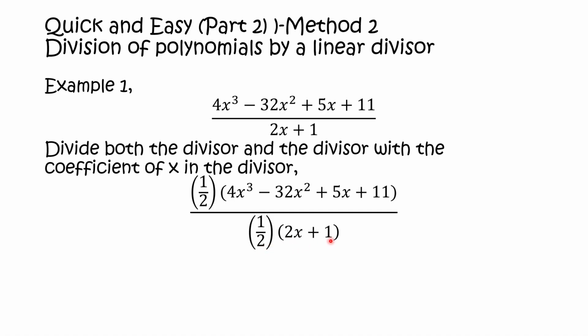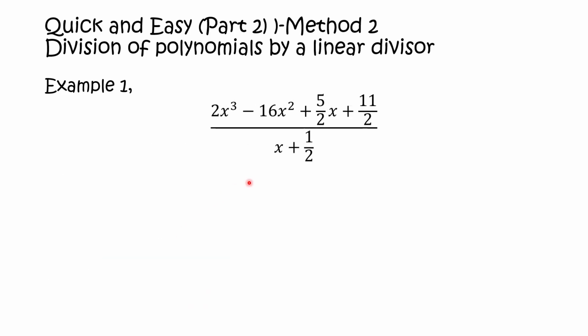So simplified, we would have 2x cubed minus 16x squared plus 5 over 2 x plus 11 over 2, all over x plus 1/2. And there we go. Now from here, we use the usual synthetic division.